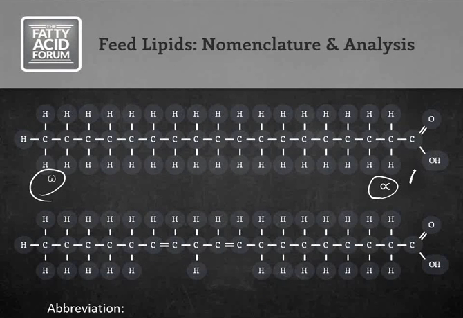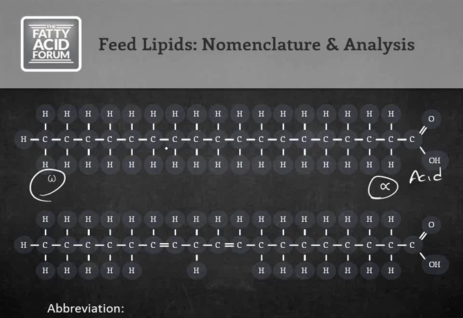So the chain has a beginning and an end, an alpha and an omega. The alpha, or beginning of the chain, is next to the acid end that we described previously. The omega end is the methyl end. There are 2 systems for identifying double bond location. One is in reference to the acid end, counting in carbons in that direction.